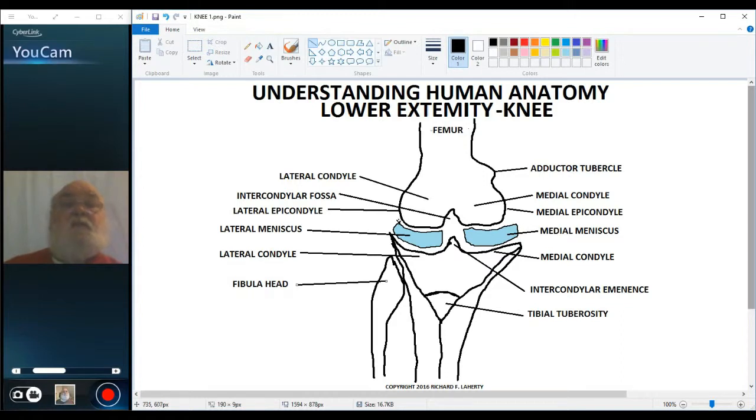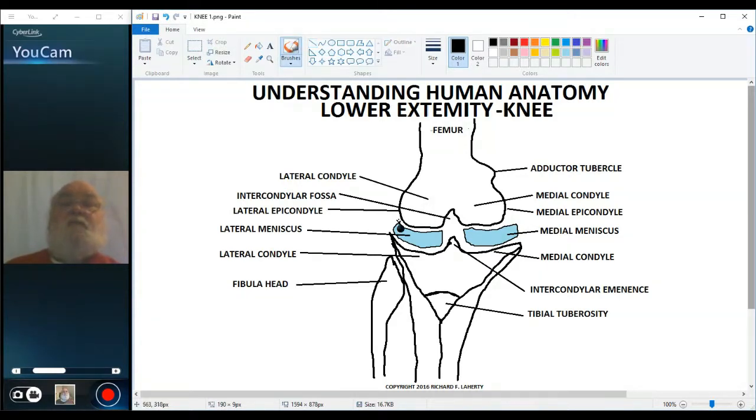Now, when you're looking at a diagram such as this, it's isolated on a joint where you don't see the entirety of the bones forming the joint. It's sometimes easy to get disoriented as to medial and lateral. And when we're dealing with the knee joint, remember that the fibula is always lateral.